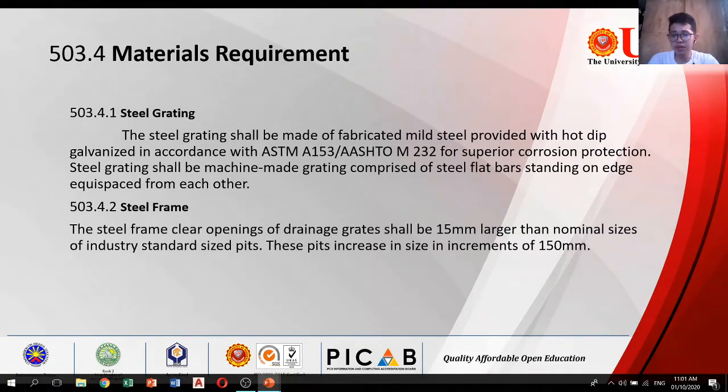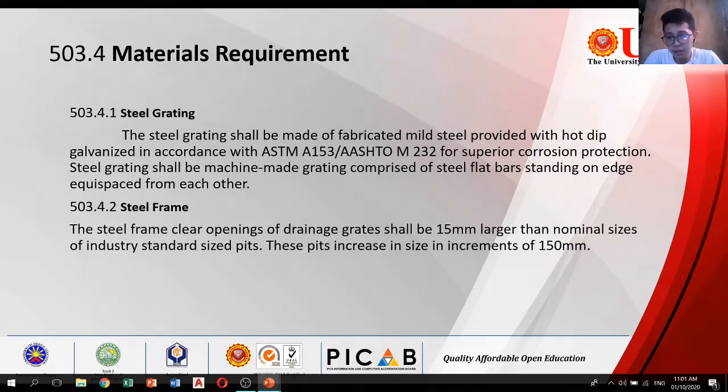Materials requirements. So, steel grating. The steel grating shall be made of fabricated mild steel provided with hot dip galvanizing in accordance with ASTM A153/A153M and M232 for superior corrosion protection.